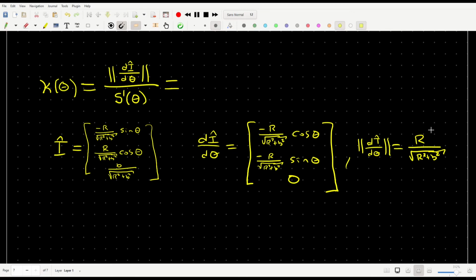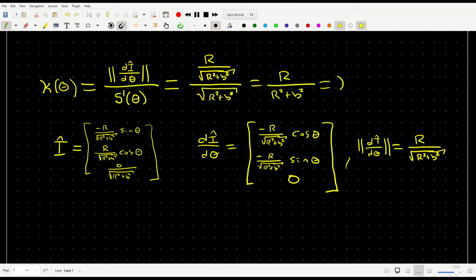So the curvature at any point on the helix is going to be this over s prime of theta, which is the square root of r squared plus b squared. So this is going to be r over r squared plus b squared. And this is the expression for curvature on the helix. It's constant for any angle theta.